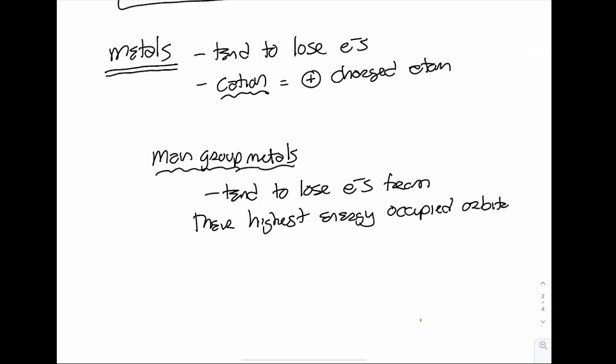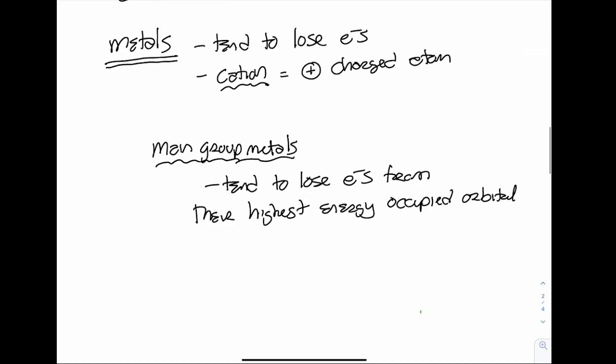This is going to be different for most transition metals, so do be careful on this. So main group metals tend to lose electrons from their highest energy occupied orbital.